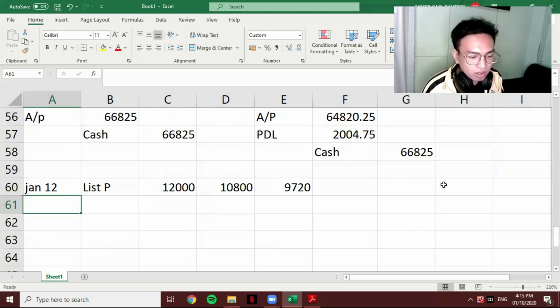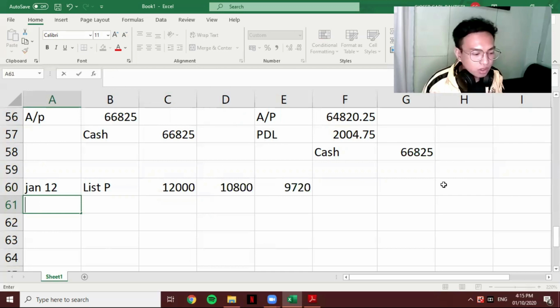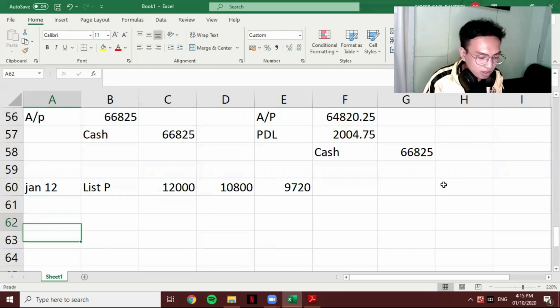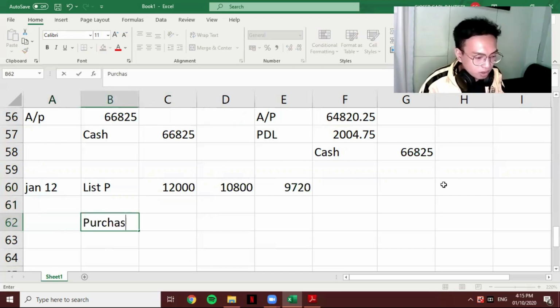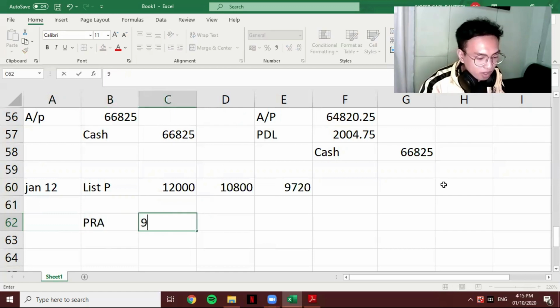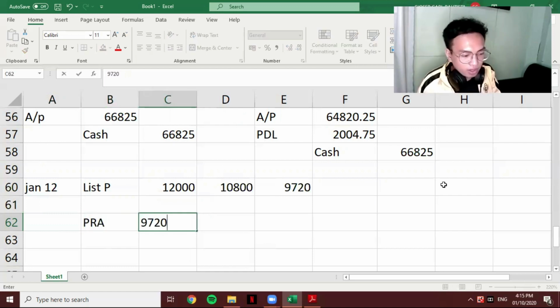If it's gross method, yung ginawa natin, no? Purchase return is on credit. PRA. Yan pala yung sinabi ko kanina. We have 9,720 of returns.